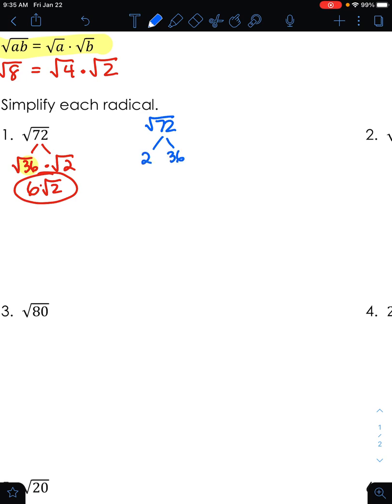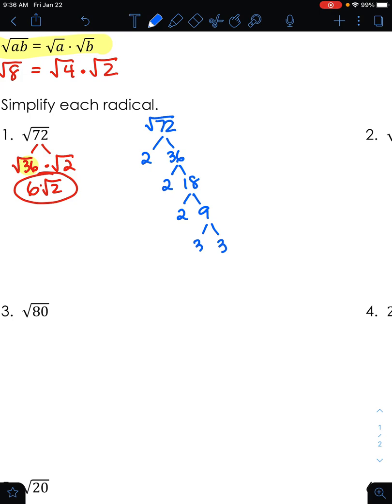I'm not going to put the radical above it for this tree, but keep in mind it is really there, I'm just trying to break down into prime factors. 2 is done, but 36 divided by 2 is 18, so 36 breaks down into 2 and 18. 18 divided by 2 is 9. But 9 can break down into 3 times 3.